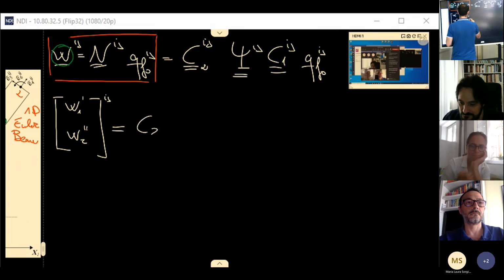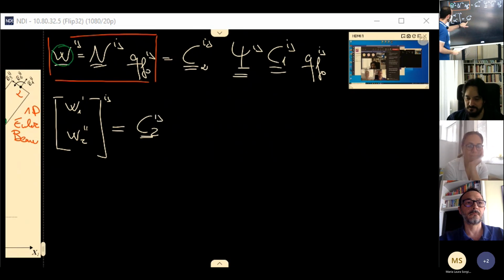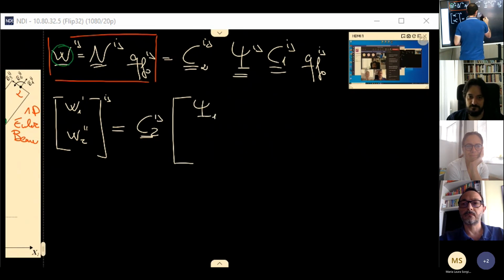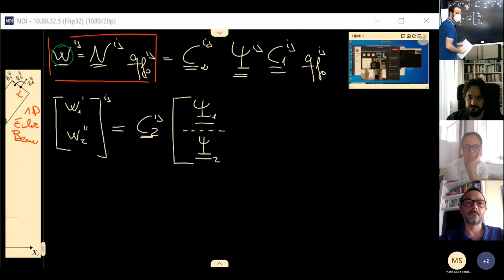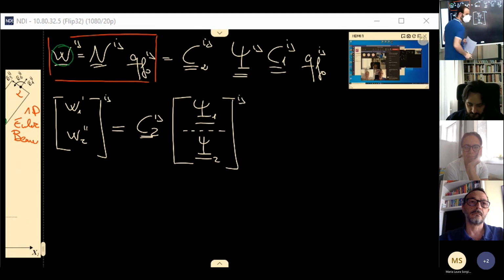So C2 ij, and then we have C1, which is the first row of the element shape matrix ij, and then we have C2, which is the second row. We are resorting to the typical notation that we have used so far.